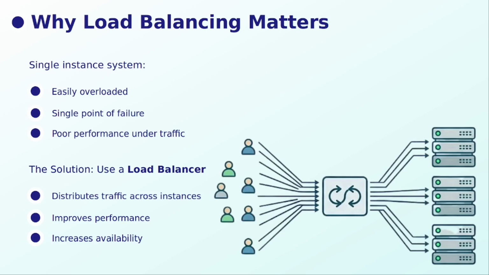It improves performance because multiple instances handle requests in parallel, and it increases availability. Even if one or more instances fail, others can continue serving users. In short, load balancing is a fundamental technique to make systems more stable and efficient.